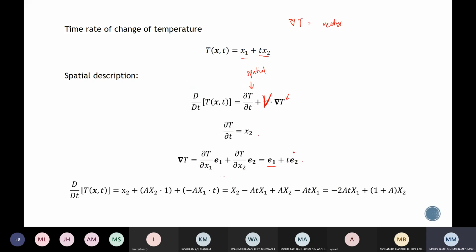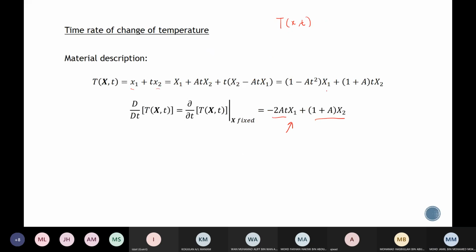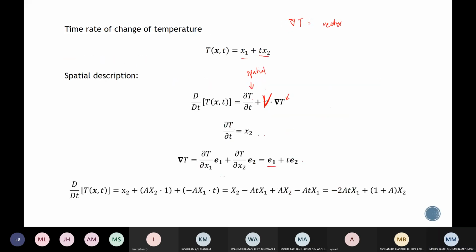Then you substitute into this equation here. So d dt, T in spatial, just substitute. Okay, so you get this answer. Oh, sorry, it is missing one.